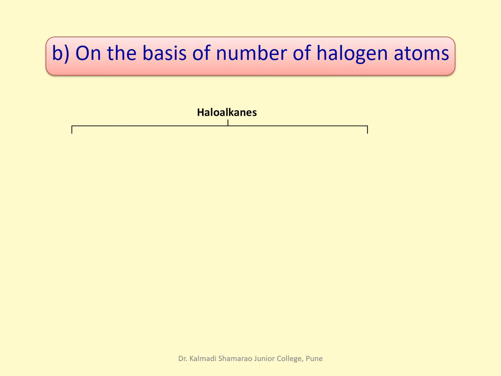Secondly, halogen derivatives are classified on the basis of number of halogen atoms as monohalogen derivatives and polyhalogen derivatives. As the name suggests, monohalogen derivatives contain only one halogen atom.